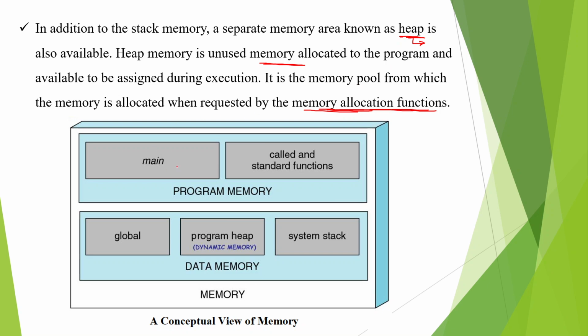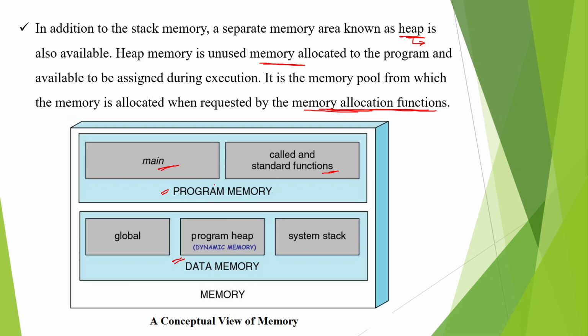You can see here the complete conceptual view of the memory. Whatever memory our program is assigned with, it is going to have two types of memory. One is the program memory and the other one is data memory. Program memory undi, data memory undi. Okay, and in the program memory we will have all the functions, main and other called functions. Other called functions may be user defined or standard.